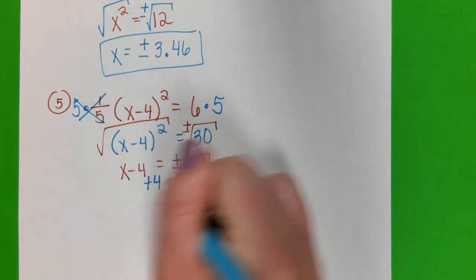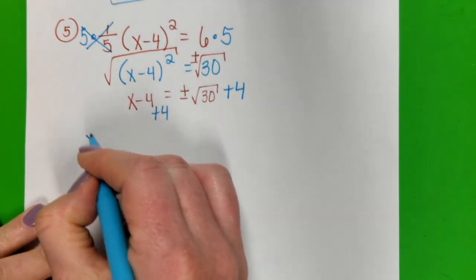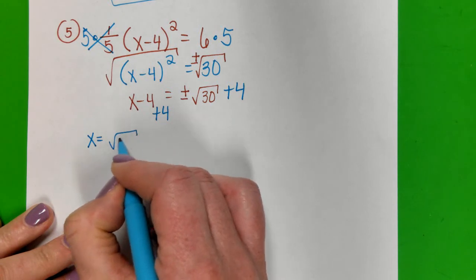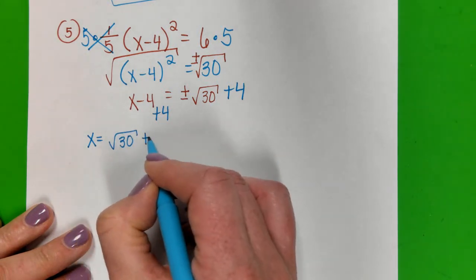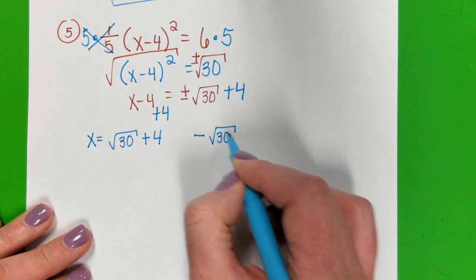And then you should be adding 4 to both sides. And so the two parts that you have to calculate are positive the square root of 30 plus 4 and negative the square root of 30 plus 4.